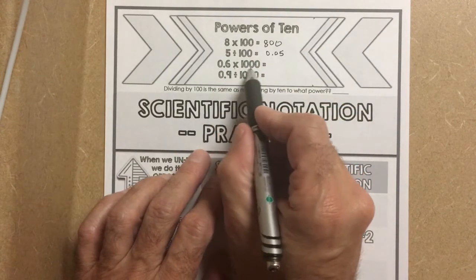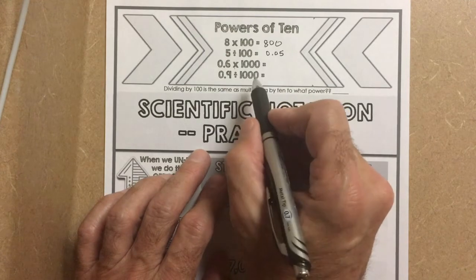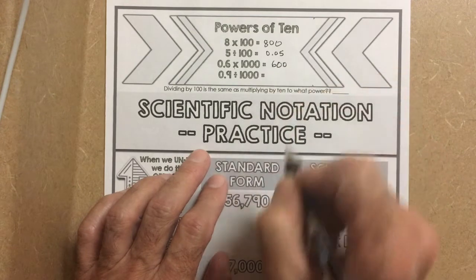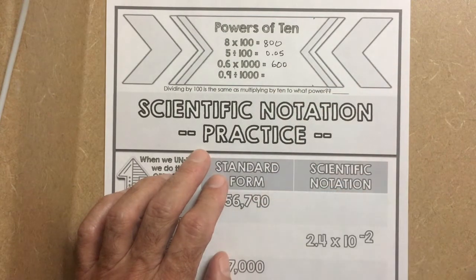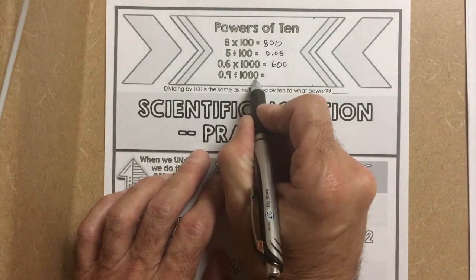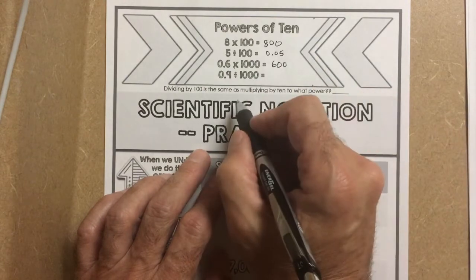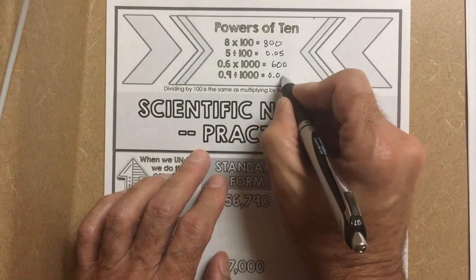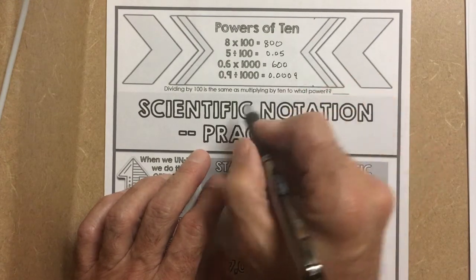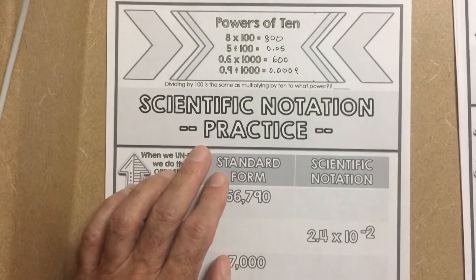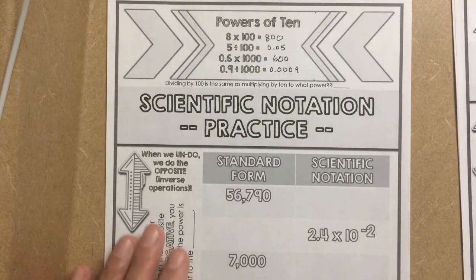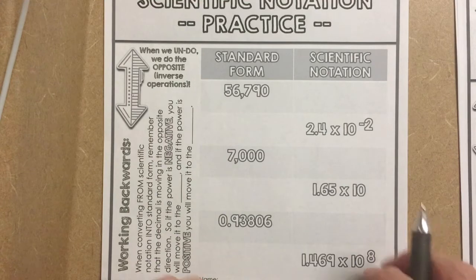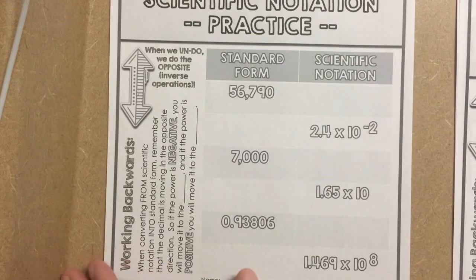This one is multiplied by 1,000, so it's going to move the decimal place forward 3 times. This one is dividing by 1,000, so it's going to move the decimal back 3 times. Multiplying or dividing, positive exponent, negative exponent. So here's your chance to practice. Oh, got a few more notes to take.